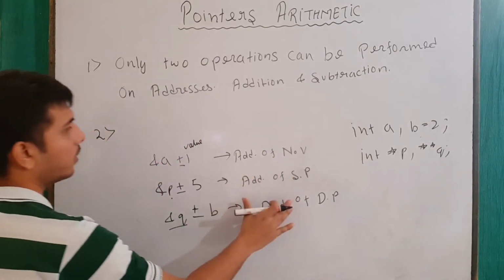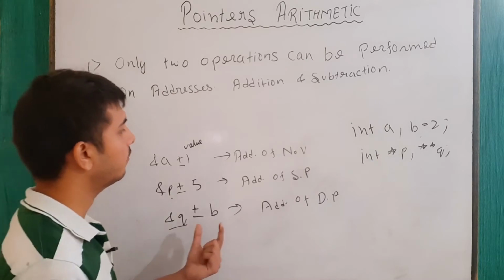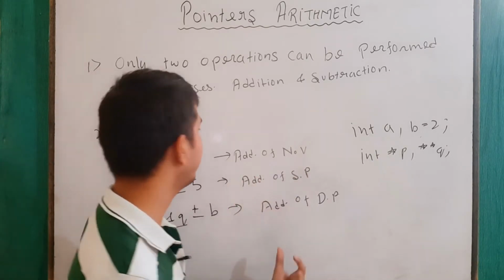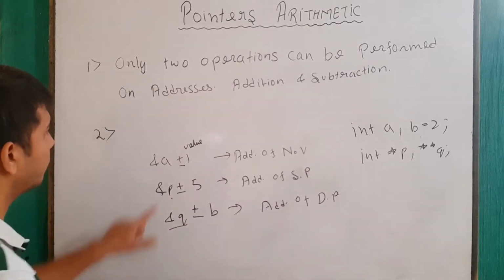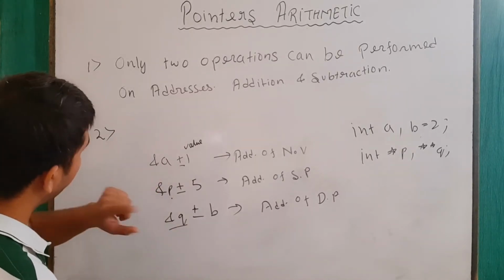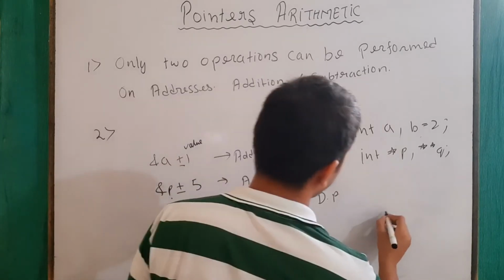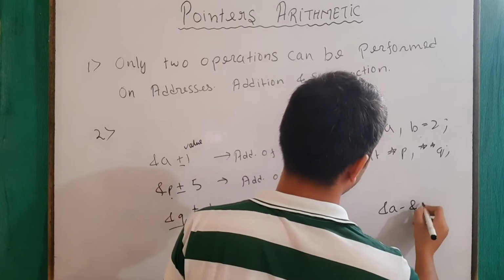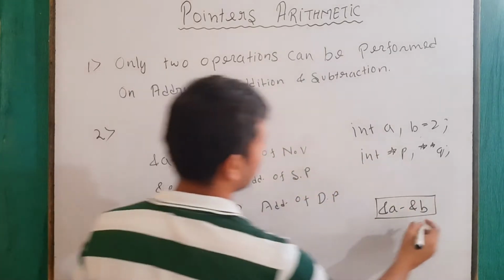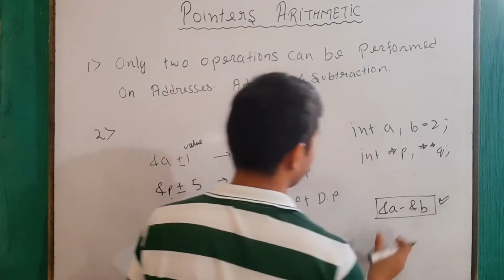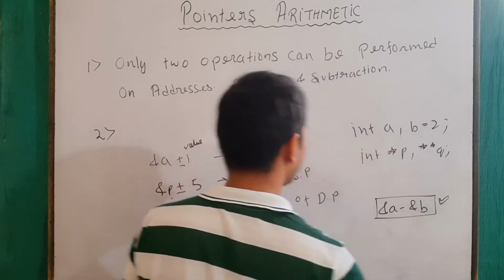Remember this point, because when we do some numericals, we will see that these things are really helpful. So this was about the second point. One more thing is that here with &a plus or minus I am writing a value, but when it comes to address minus address, there will be some rules that we will talk about later. In the last part we will talk about what happens when an address is subtracted by another address.